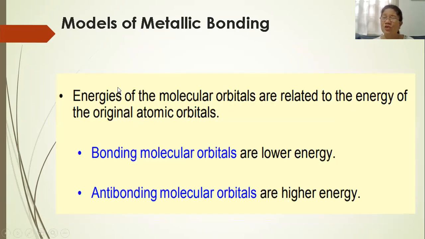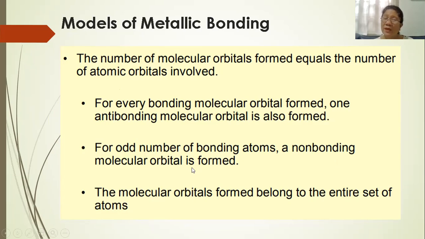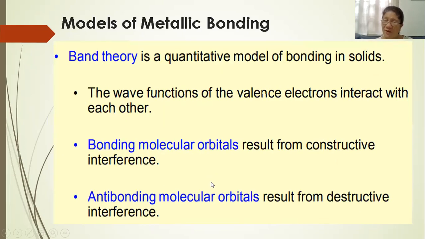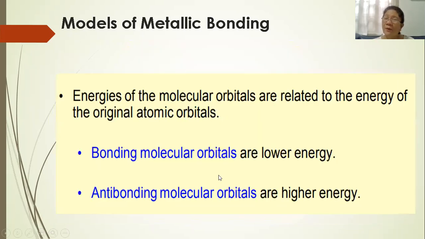How about its energy? There are two types of energy encountered in metallic bonding. The first one is the bonding molecular orbitals. The bonding molecular orbitals have something to do with constructive interference. But what happens to its energy if there is constructive interference? It will be lower.